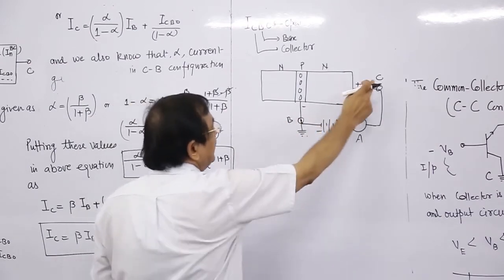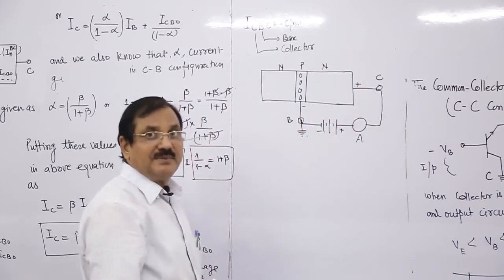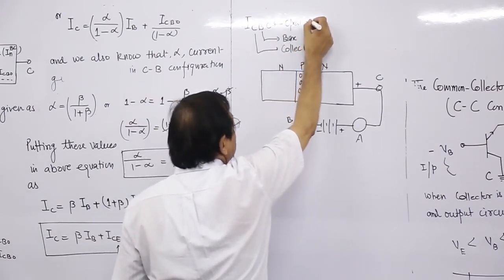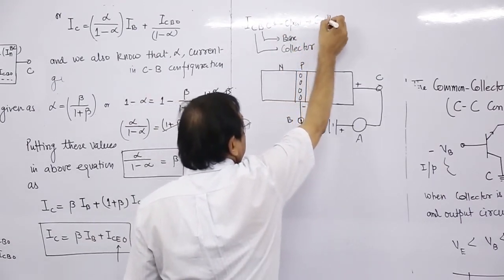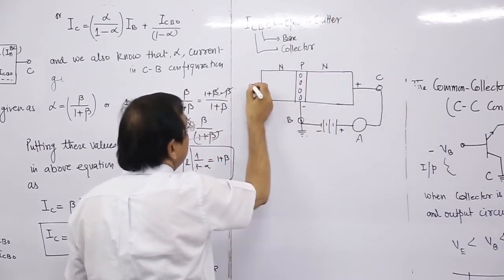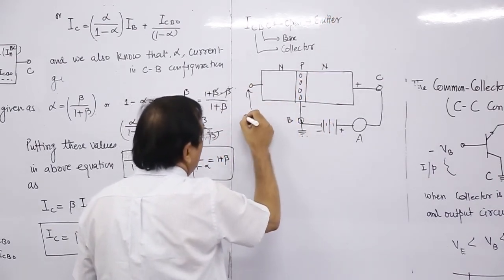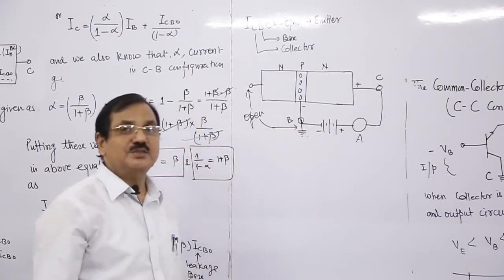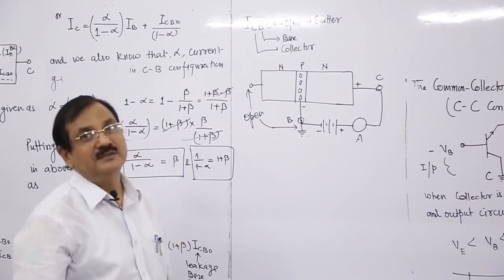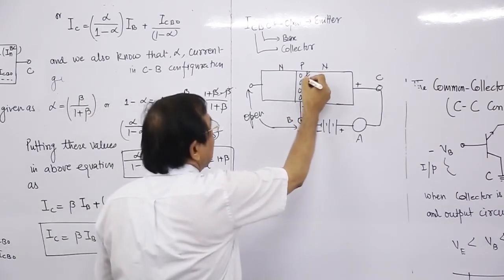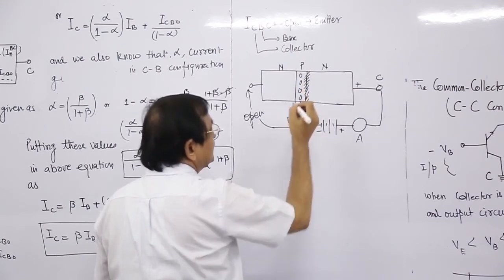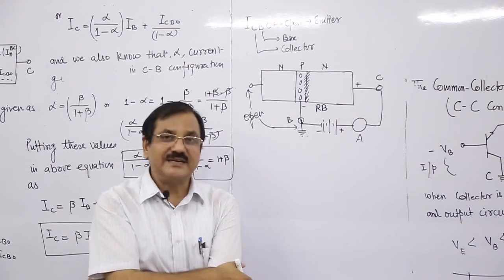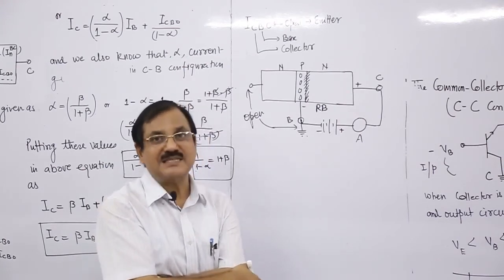So the collector base terminal, when the third terminal, the emitter, is open. So what will happen? This junction is reverse biased, because the collector base is reverse biased.